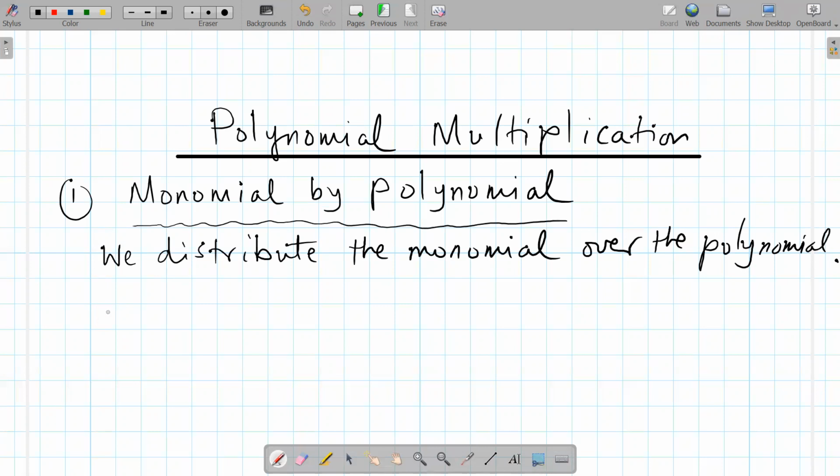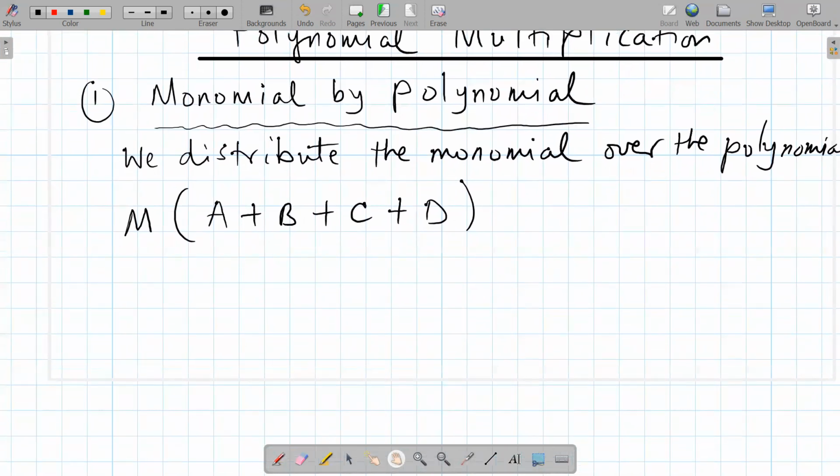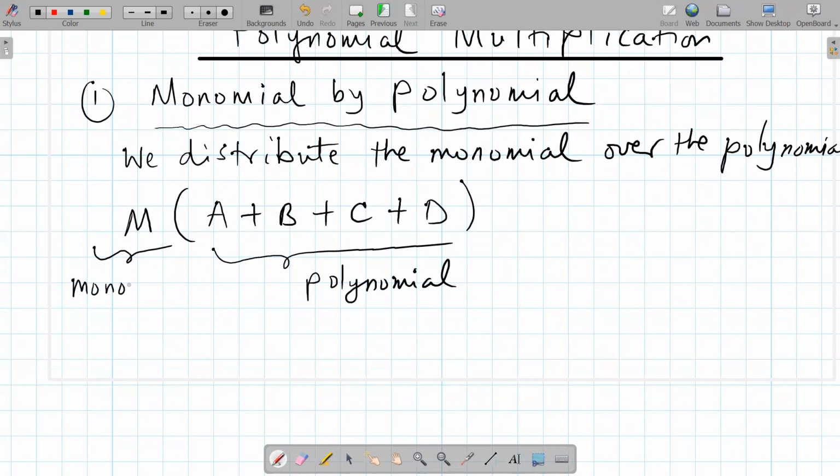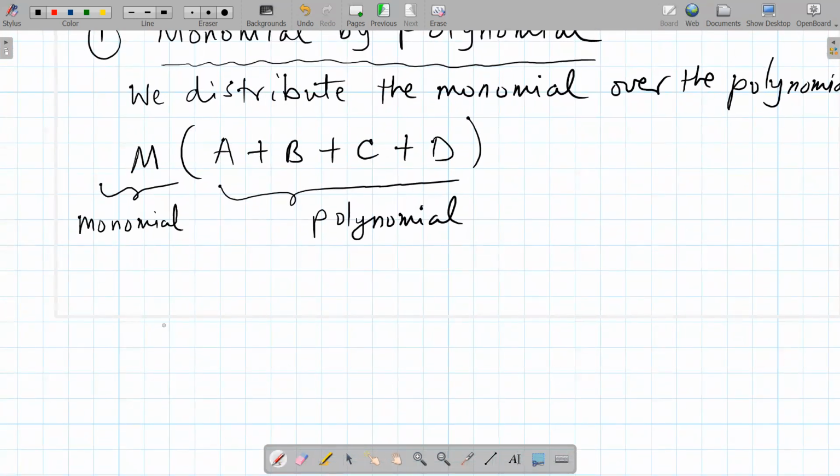For instance, if you have a case where the monomial is m, and the polynomial is a plus b plus c plus d. This is the polynomial, and this is the monomial. So here, how do we multiply? We just distribute. Just distribute and we are all set.